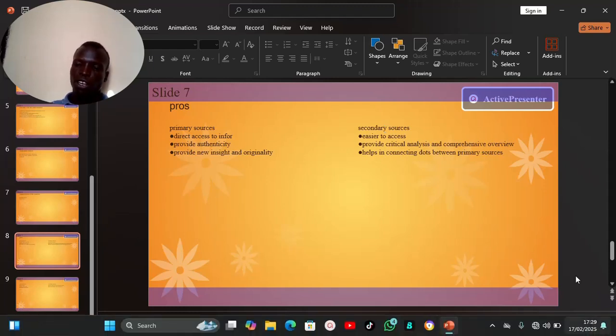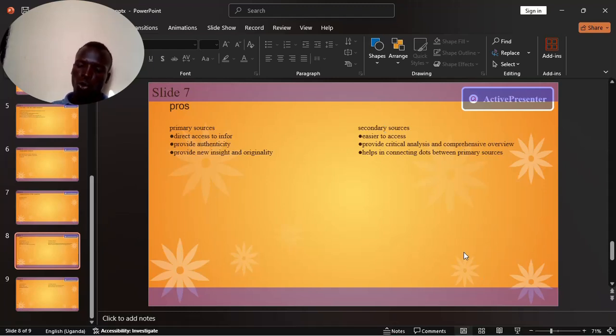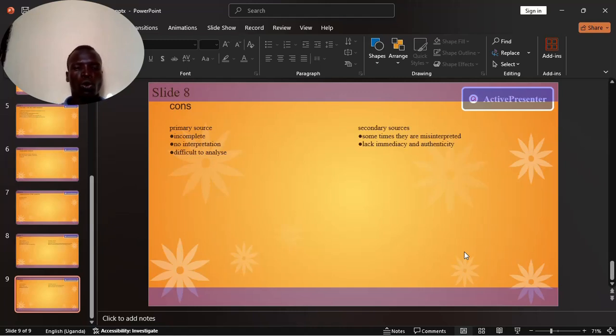Next, we are going to look at what we call the cons, the difficult challenges, or disadvantages. The first one is on the side of primary sources. One is that they are incomplete. Primary sources are always incomplete. Some laboratory reports are not very clear and no explanation has been made for them when the experiments are done.